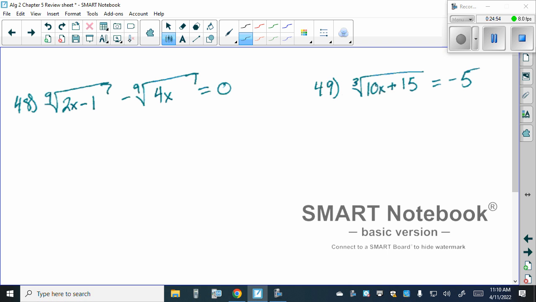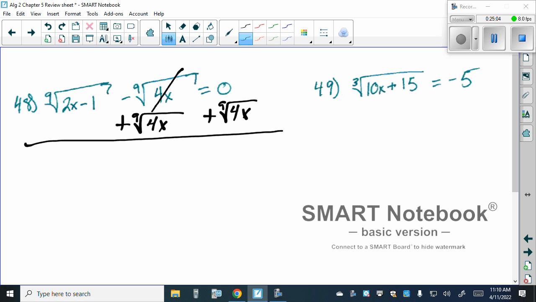But if we work this out, we can add the 9th root of 4x to both sides. And if we do that, well, these here become 0, telling us that the 9th root of 2x minus 1 is equal to the 9th root of 4x.